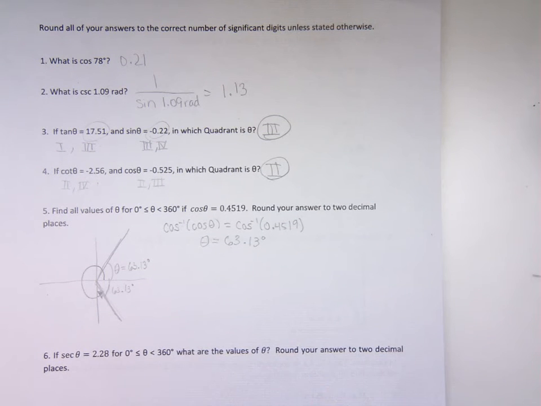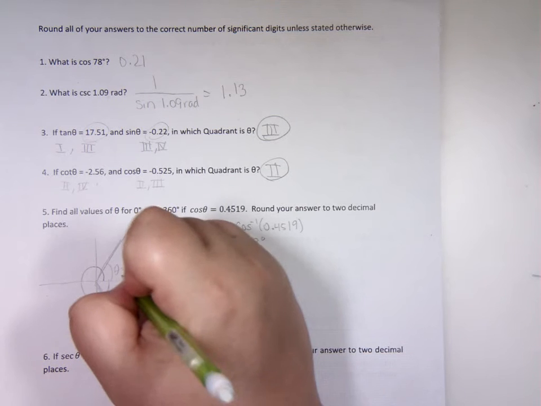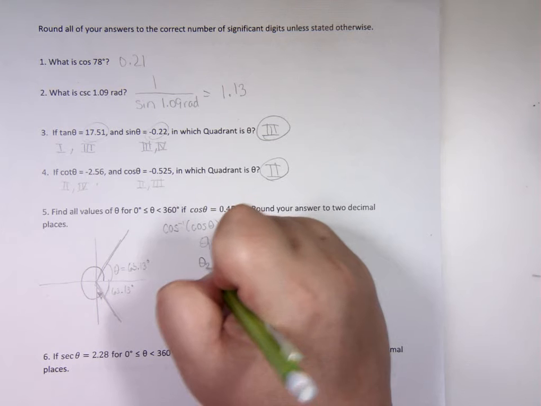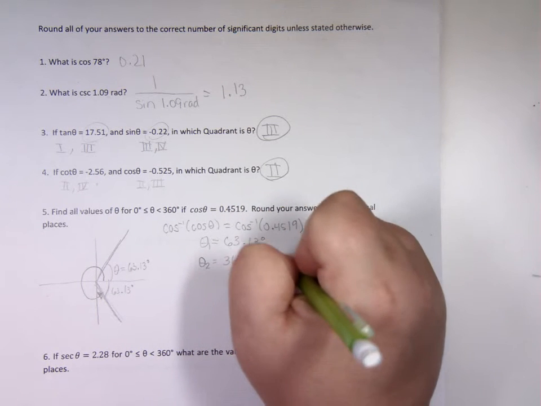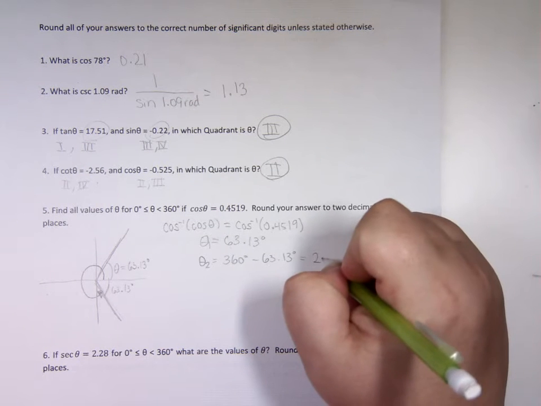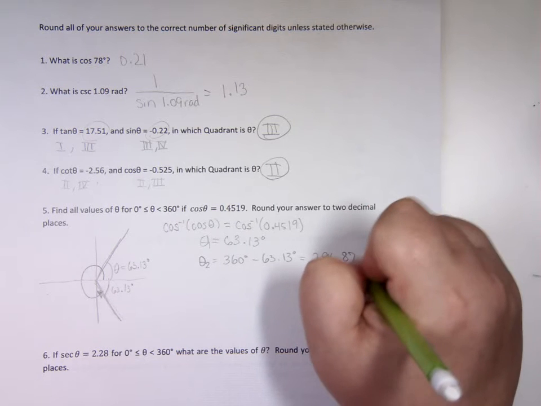So I'm going to call this now theta 1. So theta 1 is 63.13 degrees. Theta 2 is going to be 360 minus 63.13 degrees. And that's going to give us 296.87 degrees.